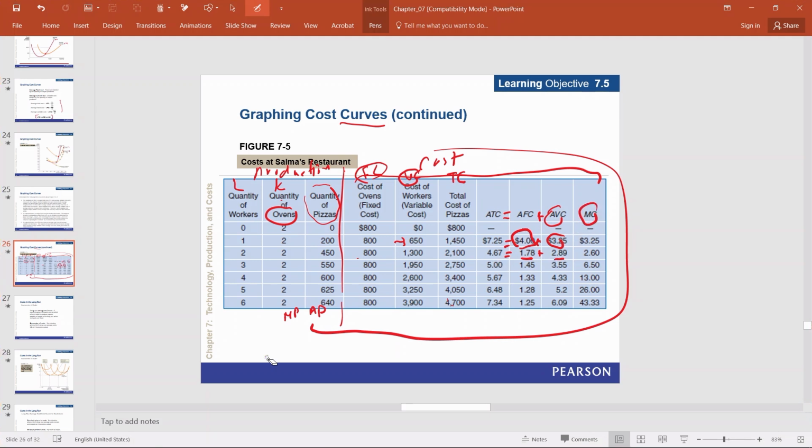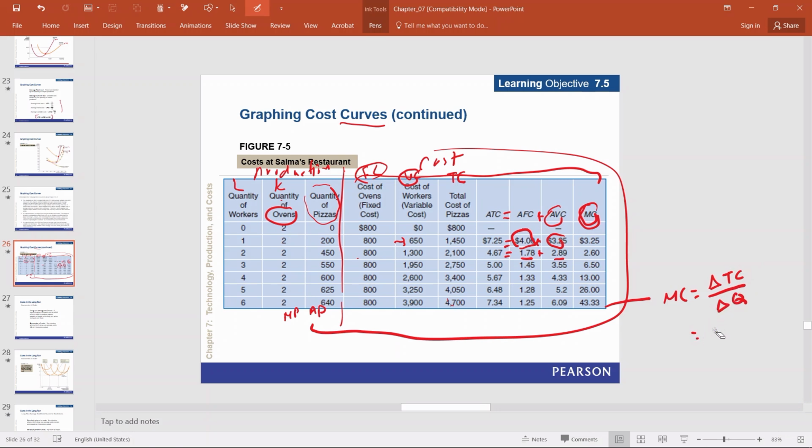And then for marginal cost, be careful here, because the way it is done is by using this formula: change in total cost because of change in quantity level.